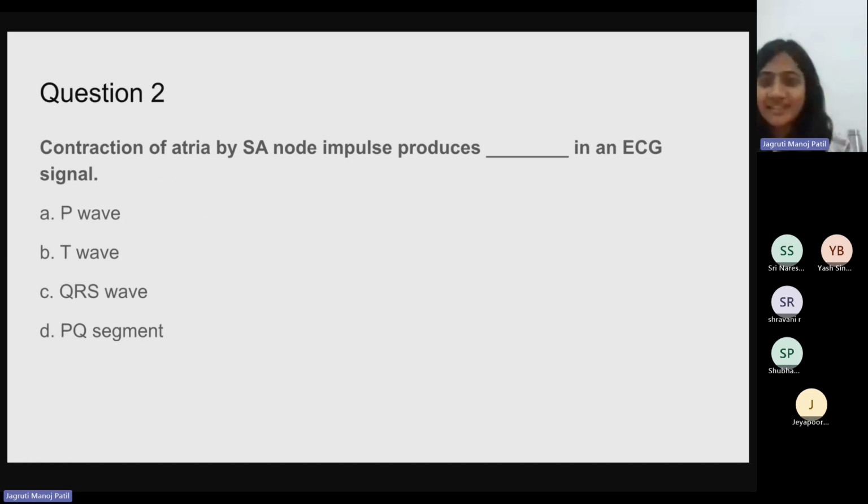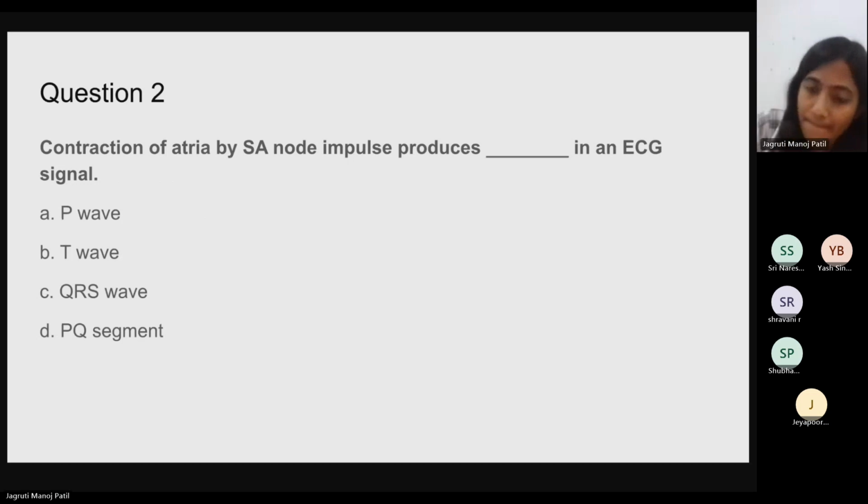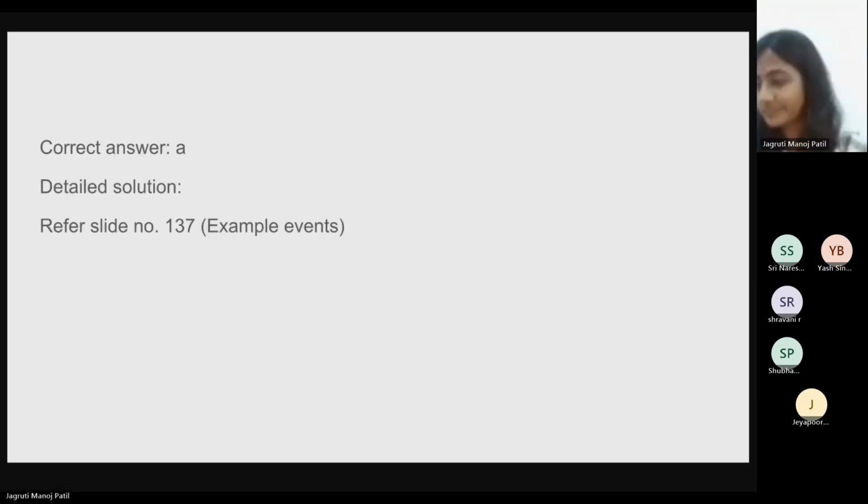Shravani, can you answer this? I think it's a P wave. Which? P wave. P, yeah.